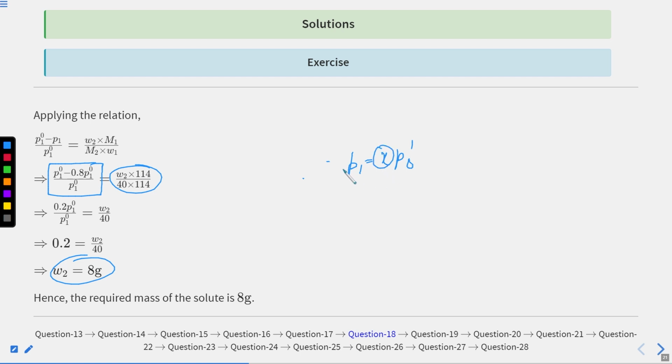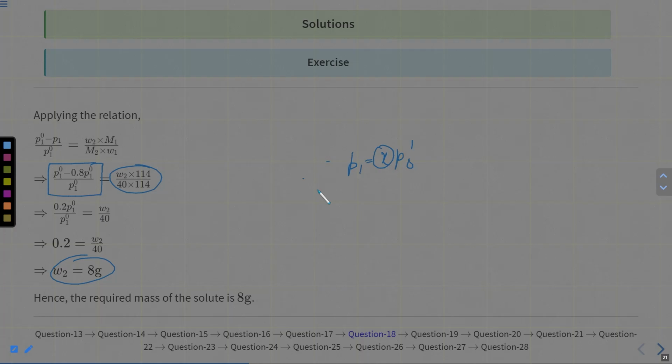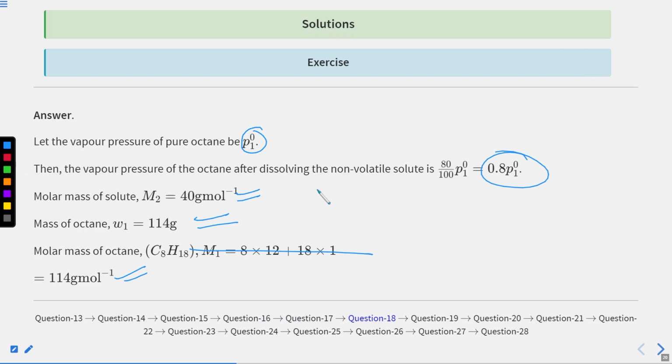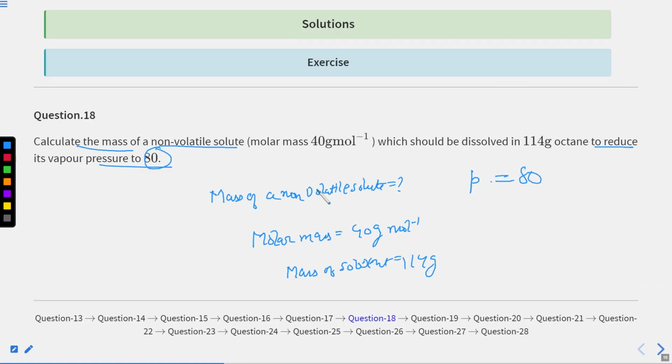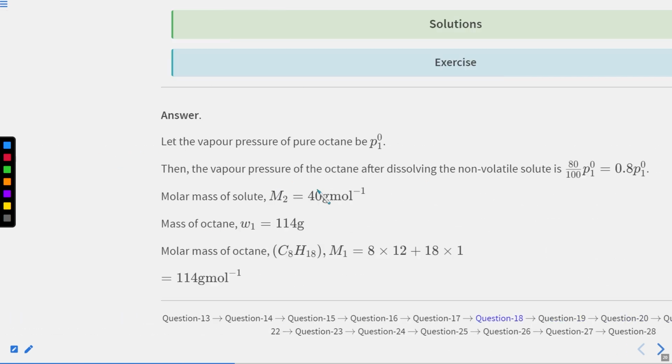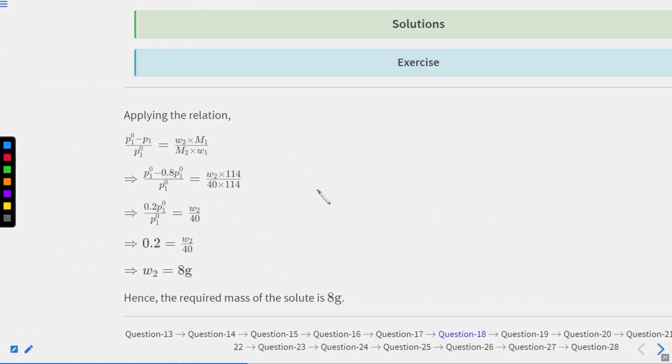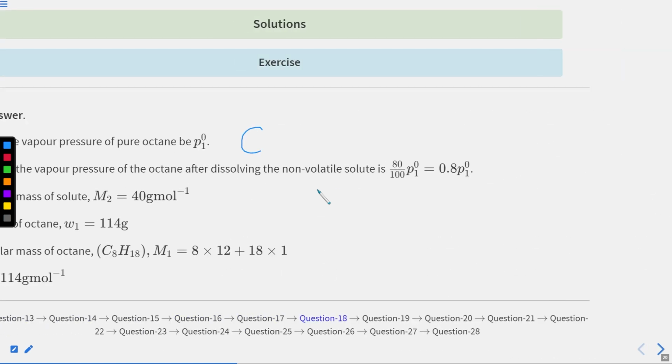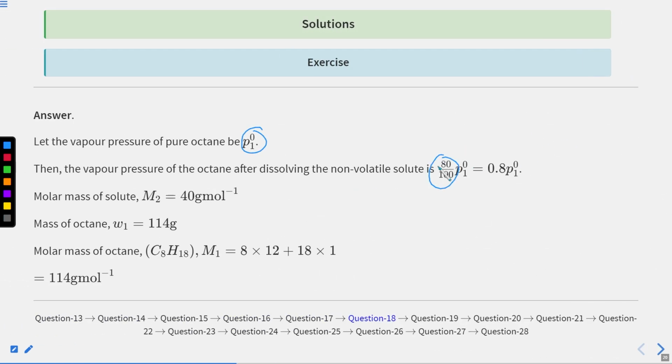So we know here that the pressure is given as how much? Pressure is given as 80, right? Pressure is given as 80. Therefore, they have divided 80 by 100 to get this thing.